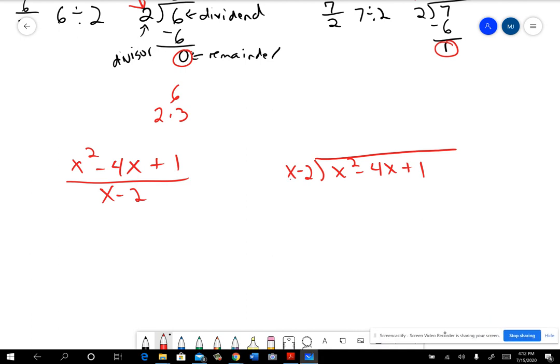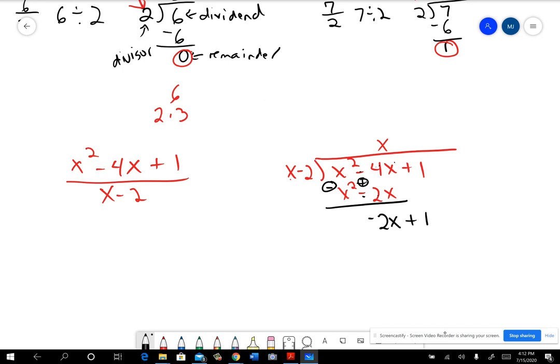And so we'd say x goes into x squared x times. Have no fear, you're not going to really need to do this very much, or at all for me, okay? And then we need to do that subtraction step, which is where it's kind of tricky. We get negative 4, but then that becomes minus a negative 2x, so that's really negative 4x plus 2x, so that would be negative 2x, okay?